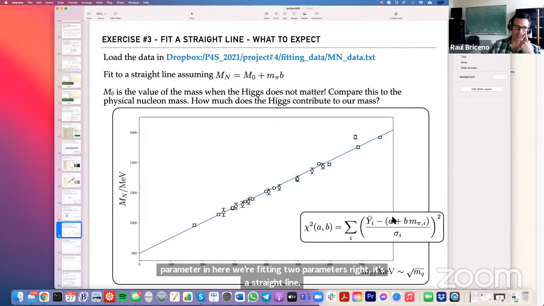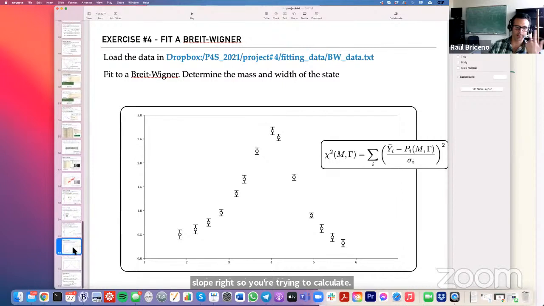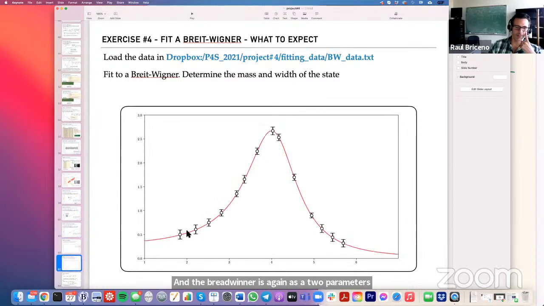That's all you're trying to calculate. And the Breit-Wigner is again a 2 parameter fit. It's just a little more funky, more fun looking. It doesn't look as boring as a straight line, but it's essentially just a 2 parameter fit, just finding the peak and the width of the peak.